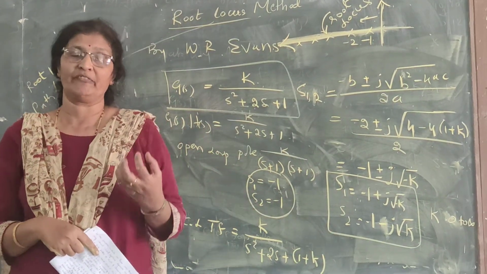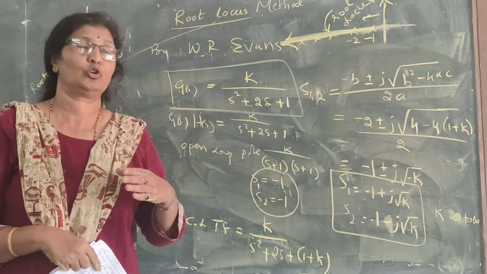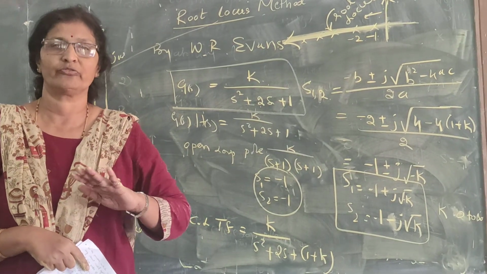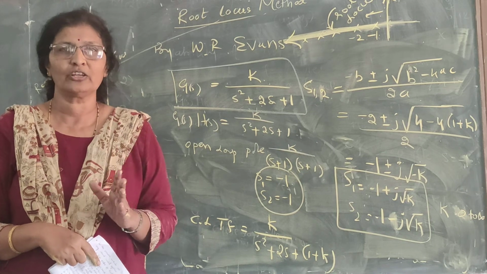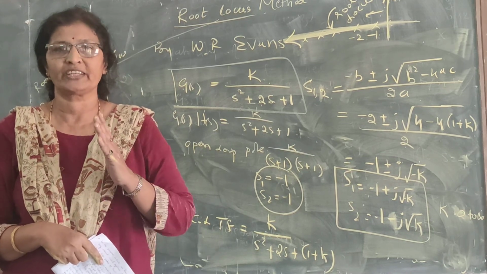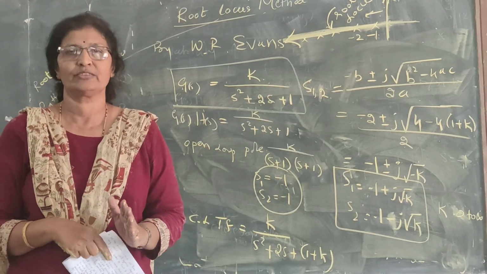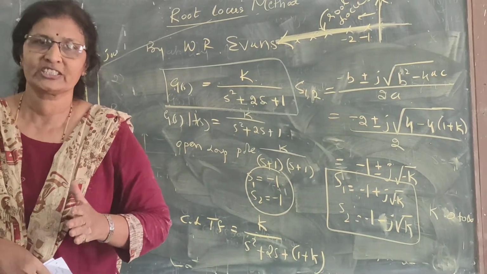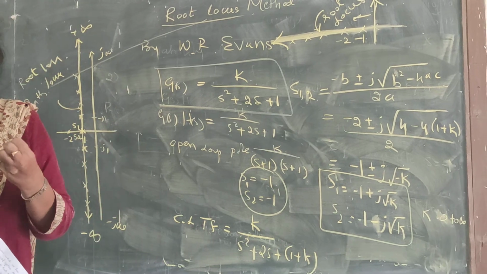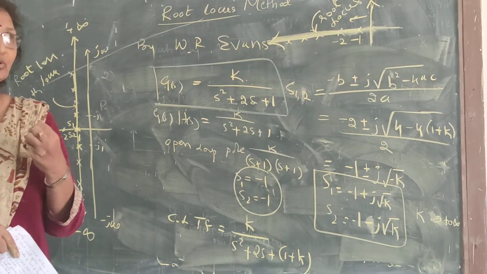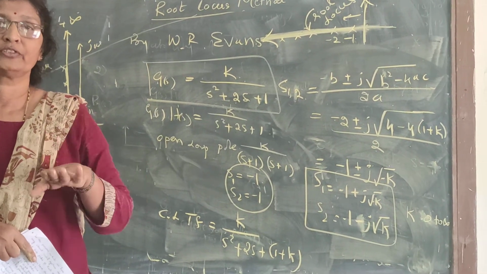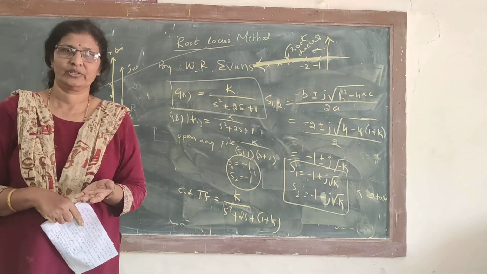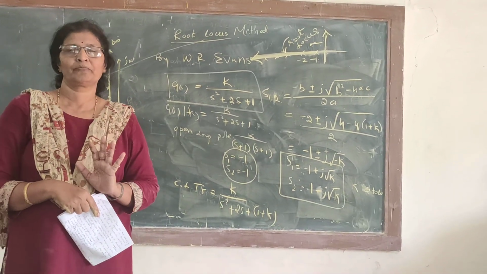If the system is polynomial in nature, then it is very difficult to evaluate the roots of the characteristic equation. Thus, we need to follow some rules or steps to sketch the loci of the roots. That we are going to learn in the next class.